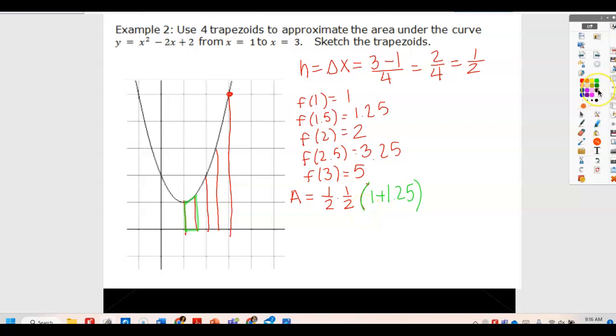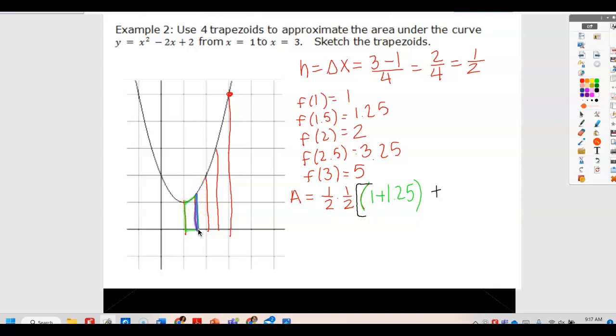And then you would add to that your next trapezoid. But again, if you think about the trapezoid formula, it's going to be 1/2 times 1/2 times the bases. So what you can do is factor out those halves. Does that make sense? And then you just have to multiply all of that by the sums of the bases. So then my next trapezoid, now I have an overlap, right?